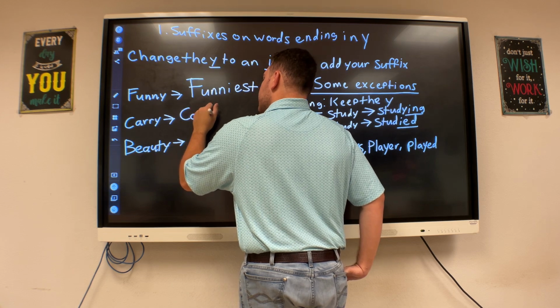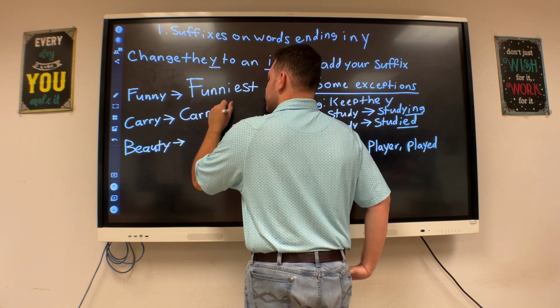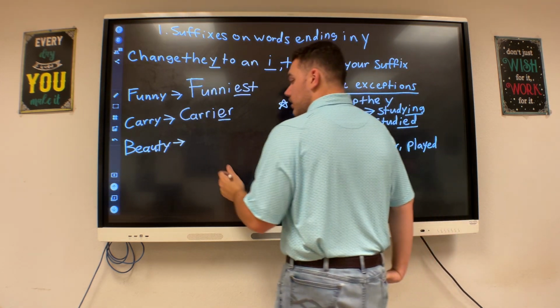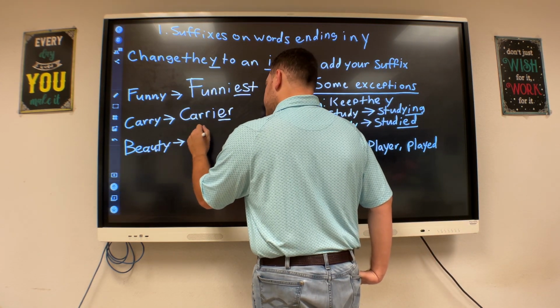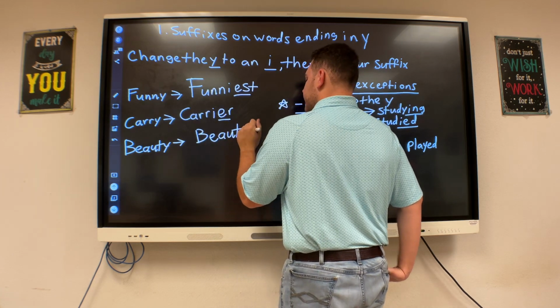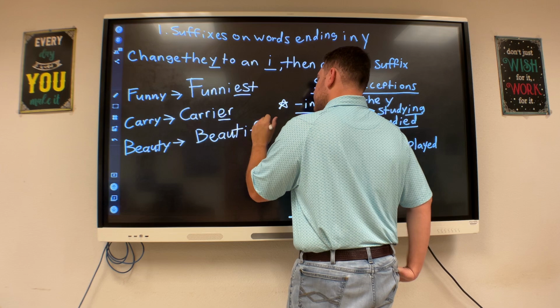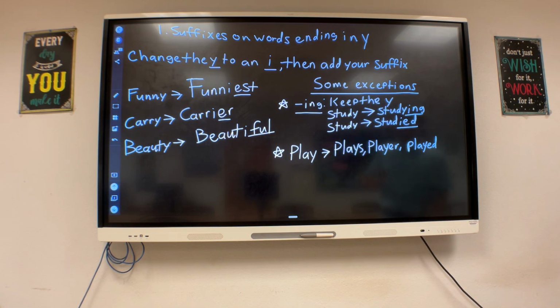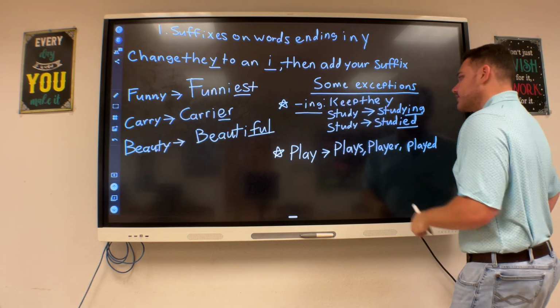We would write it out, change that Y to an I, and add our suffix. That would become carrier. Beauty would be the same. We would change the Y to an I and add our suffix. So beauty becomes beautiful, carry becomes carrier, funny becomes funniest. For all of them, we drop the Y, change it to an I, and add the suffix.